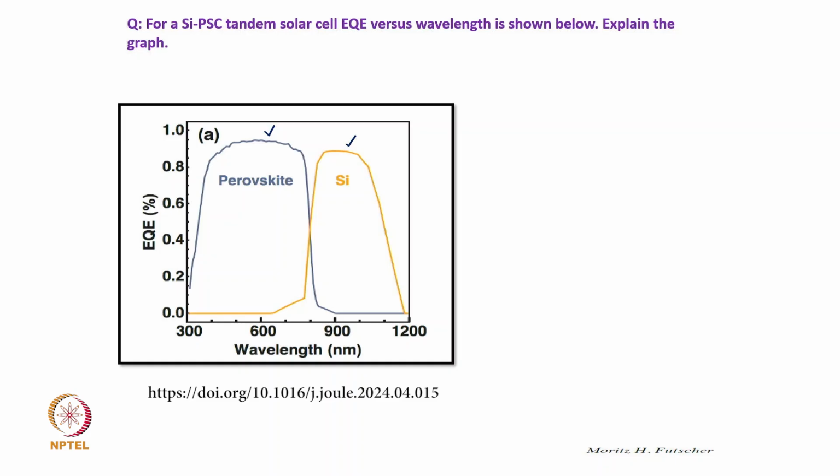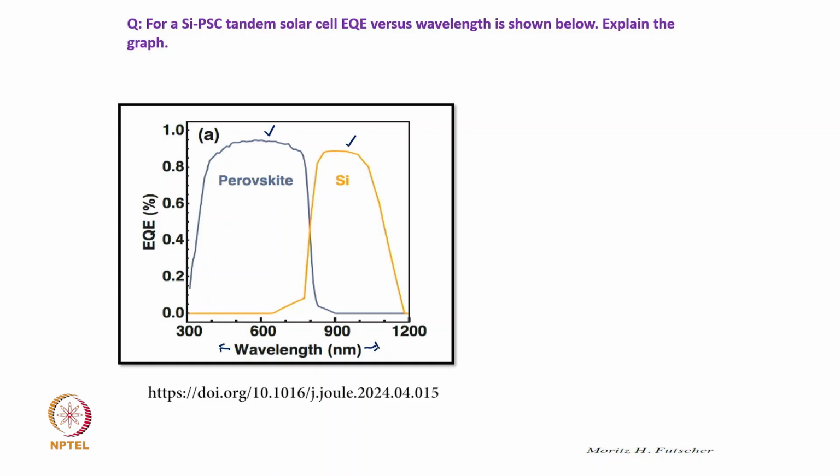So, if we look at this wavelength range, the perovskite shows a very high quantum efficiency at lower wavelength regime or higher energy regime, and silicon shows a higher quantum efficiency at higher wavelength regime or lower energy regime. The reason is very simple, because perovskite has higher band gap.